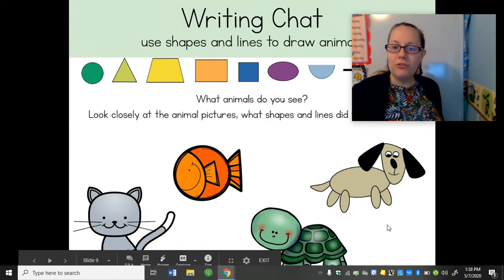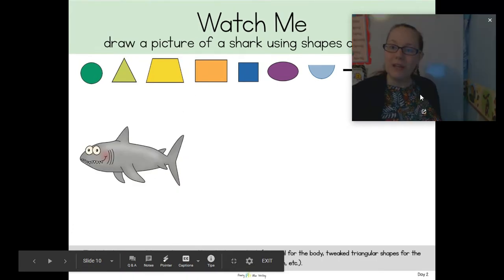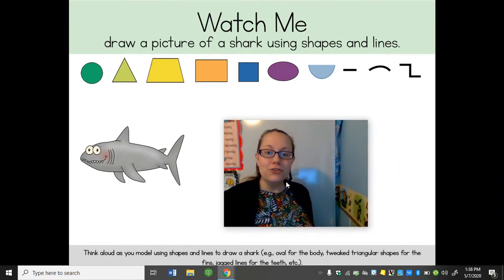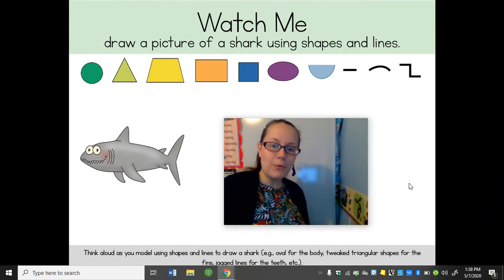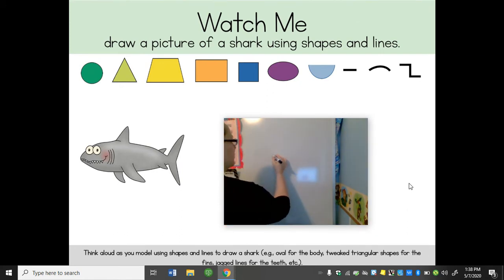Now what we're going to do is Miss Sewell is going to use these shapes and show you how to draw a shark. So watch closely, boys and girls. The first thing I'm going to do is I see his body, and it kind of looks like a squished oval. So let's try to make a squished oval.